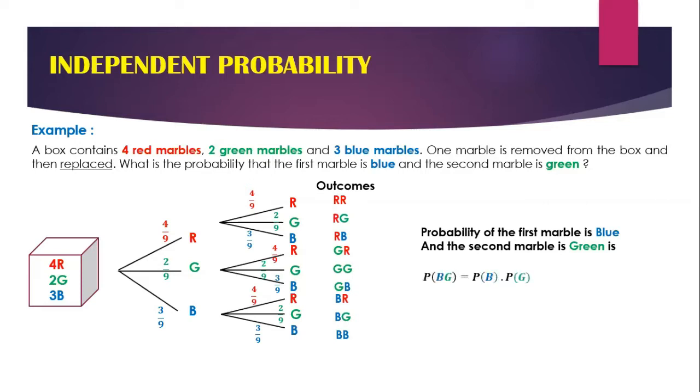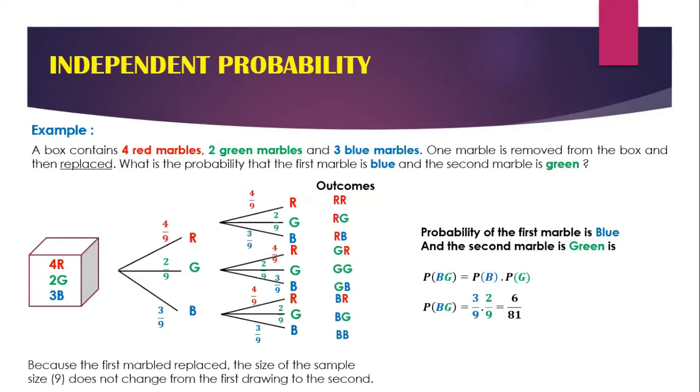So probability of blue and green equals probability of blue times probability of green, equals 3/9 times 2/9, which is 6/81. Alright?